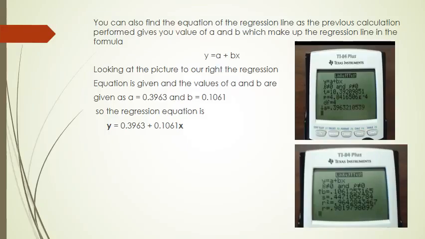It is also very possible to find the equation of the regression line. The previous calculation gives you the A and B values, which make up the regression line formula y equals A plus bx. Looking at the picture to the right, you see the general formula for the regression line, y equals A plus bx.